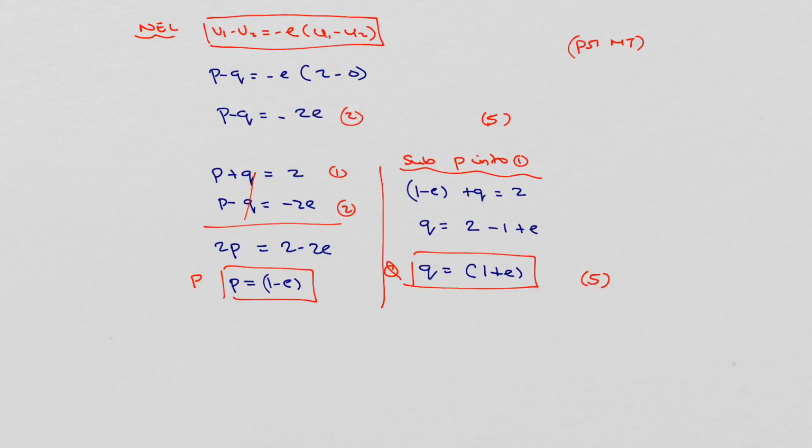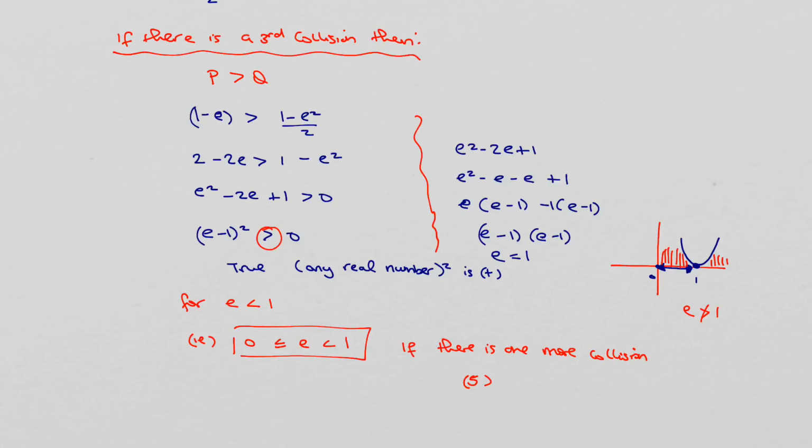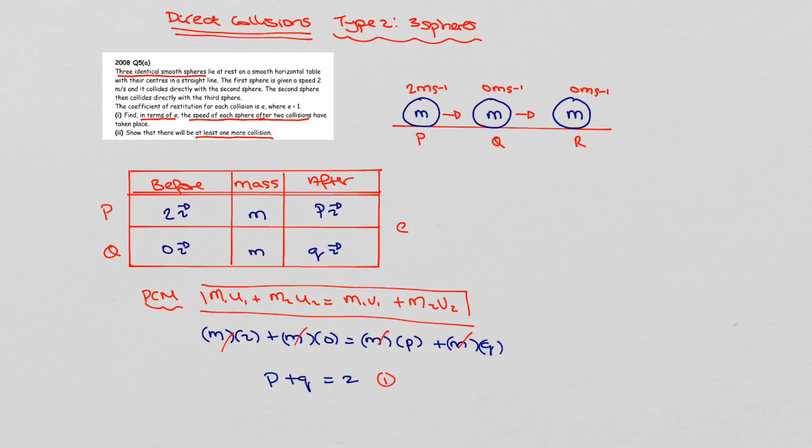So it has to be for both equations there that you're getting your 5 marks. So that was 5, 10, 15, 20, 25 marks. So if we put at the start, 25 marks for the question. All right.